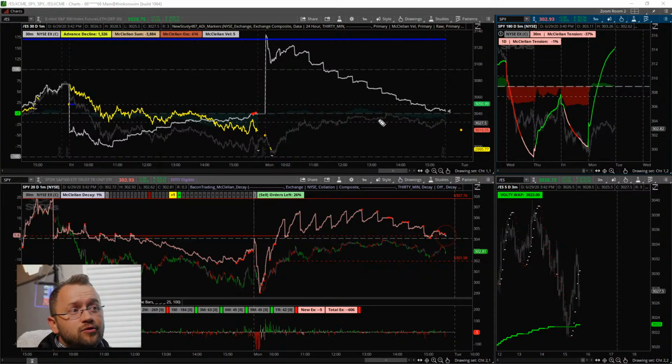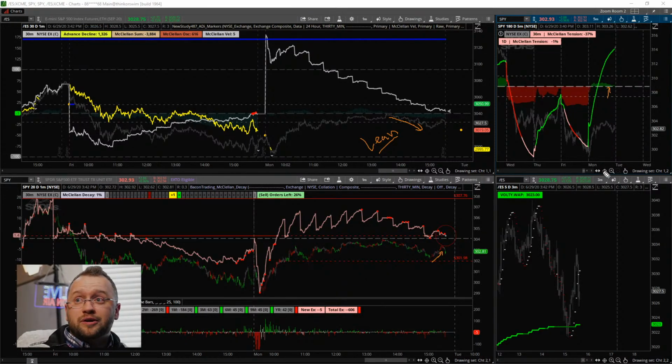As we move down here, in what I call a lean, so this is a lean down, I want to see the bulls get sampled. I think this response right here had to do with trying to defend daily tension, but I think it was premature. We didn't get liquidity here. We didn't get liquidity here. It was early.